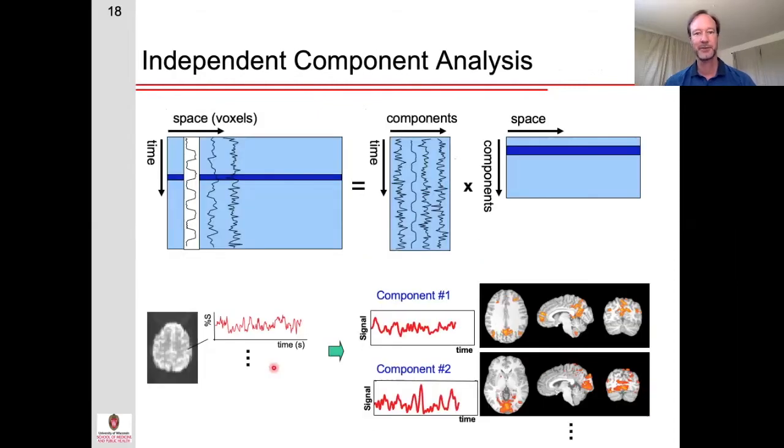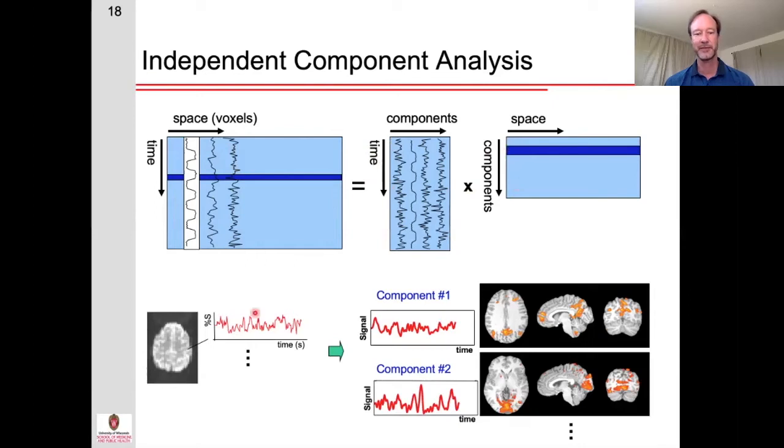A second way is to use independent component analysis. That is, if we sort of unravel our image and put all of the voxels along a row here, and the time courses along the columns here. So if you think of this as a matrix of different time courses across all the different voxels in the brain, we can essentially decompose this matrix as certain components in time multiplying certain components in space.